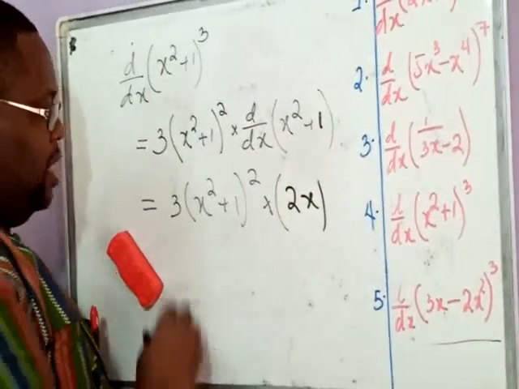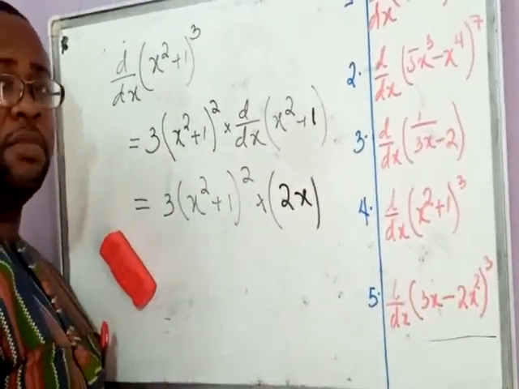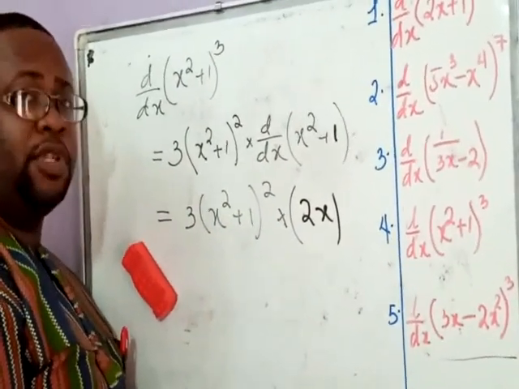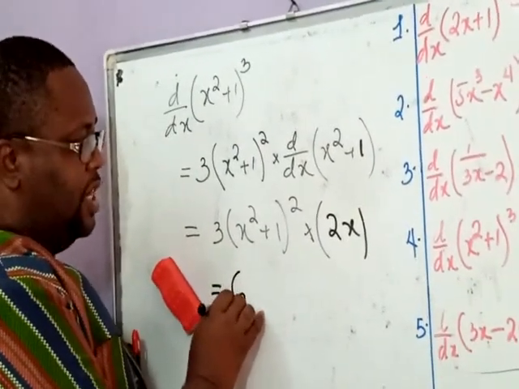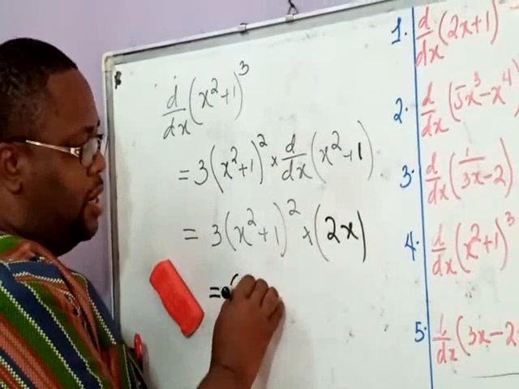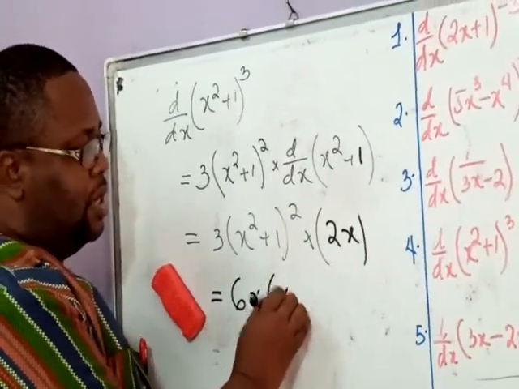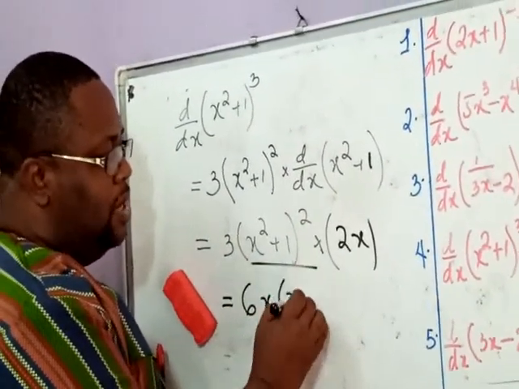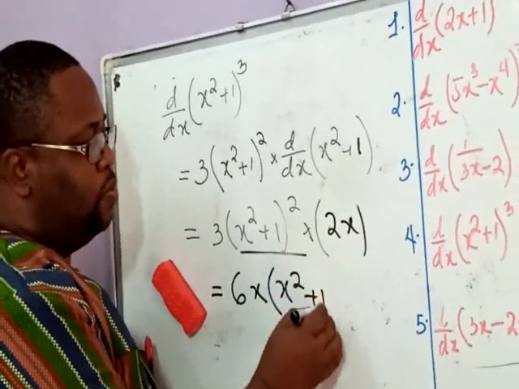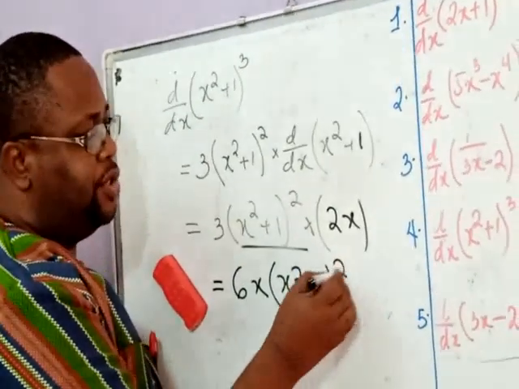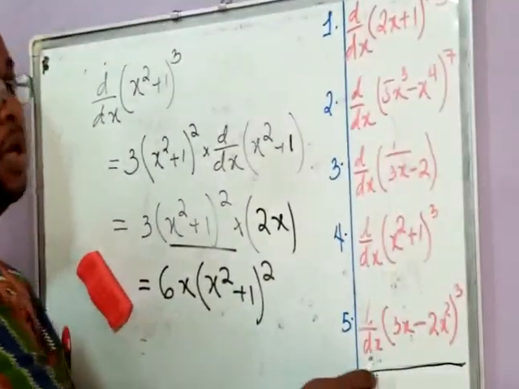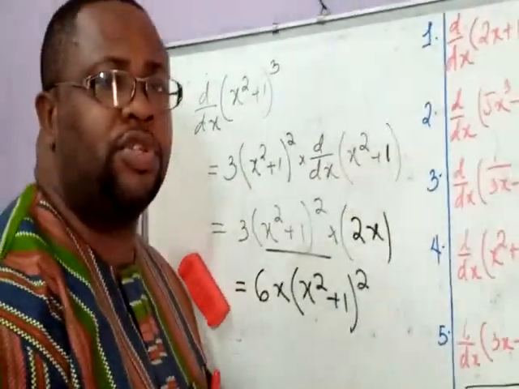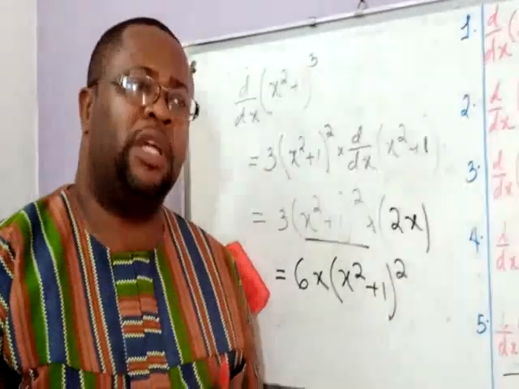So at the end of the day, this 3 will multiply this 2, and when 3 multiplies 2, we simply get 6. So I have 6, then this is the x here. I have 6x, then we are now writing this out: x squared plus 1, all raised to the power 2. So you can try this very last one and let me know what came out to be your answer.